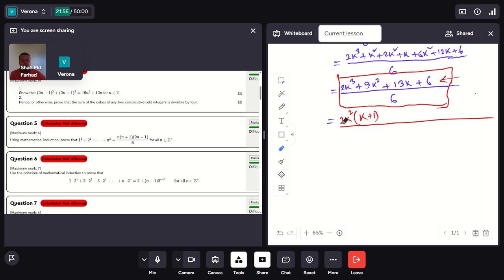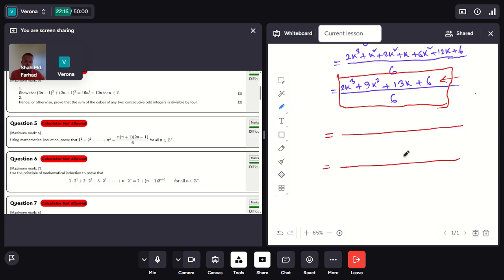Okay. Can you factorize this type of term that is a cubic term? Cubic, right? So you have to just calculate two lines at a time. Here, if we go for k plus 1, then to get 2k cube, we have to multiply with 2k square.